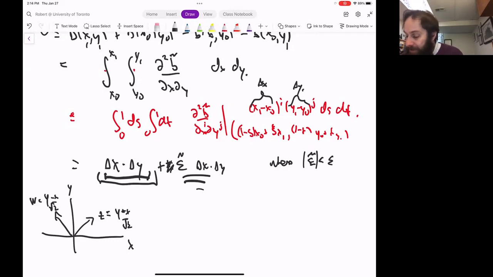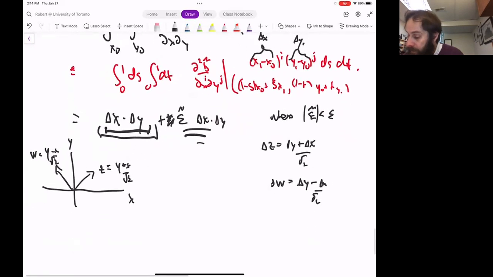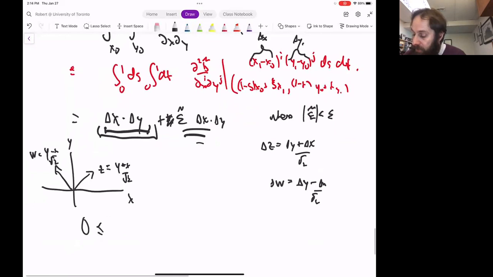And so if I set, as we did before, delta z to be delta y plus delta x over root 2, and delta w to be delta y minus delta x over root 2, then what I've just shown is that 0 is less than, well, what?